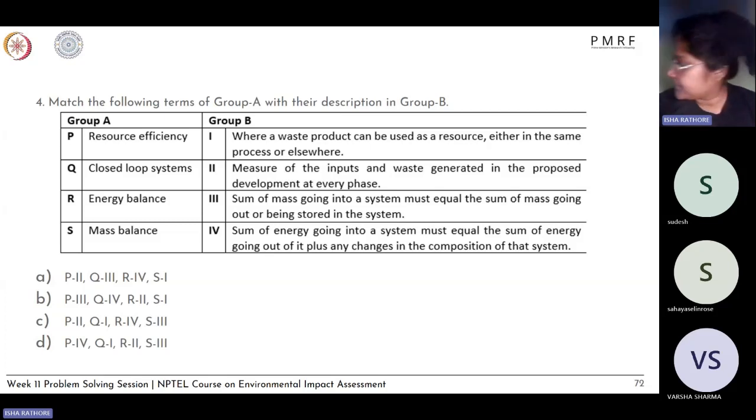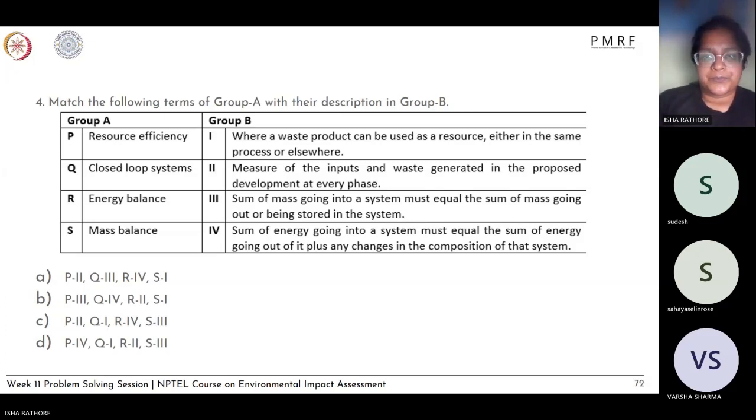We need to match them. We have one answer.